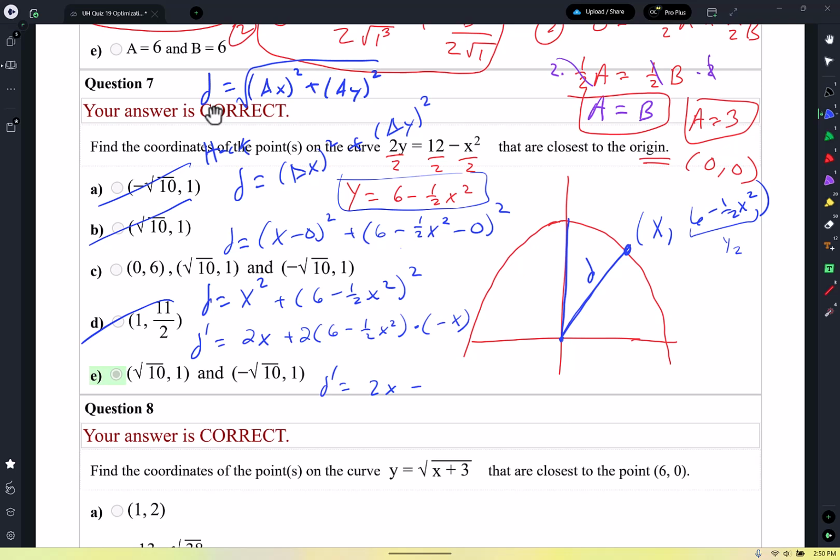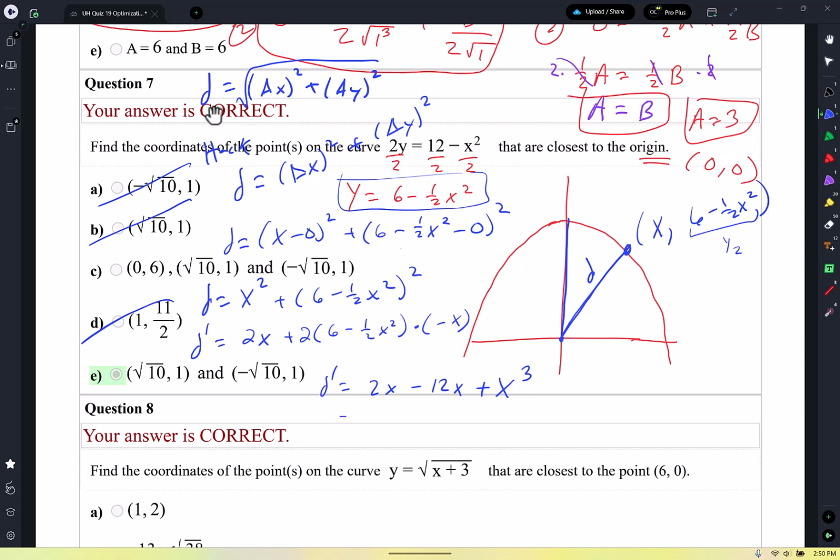So negative 12x and minus x cubed. Did I do that right? Check my work, guys. Plus. Good job. Everything else check out? Yep, everything checks out, guys.